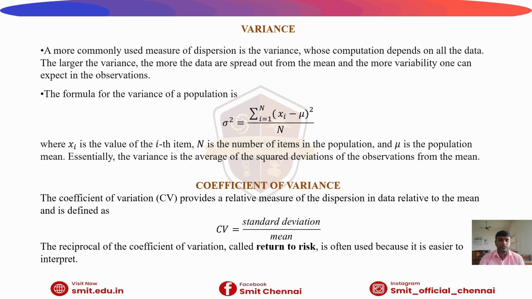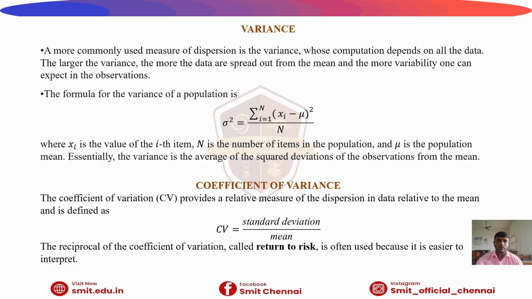Then we can see the variance. A more commonly used measure of dispersion is the variance, whose computation depends on all the data. The larger the variance, the more the data are spread out from the mean, and the more variability one can expect in the observations.